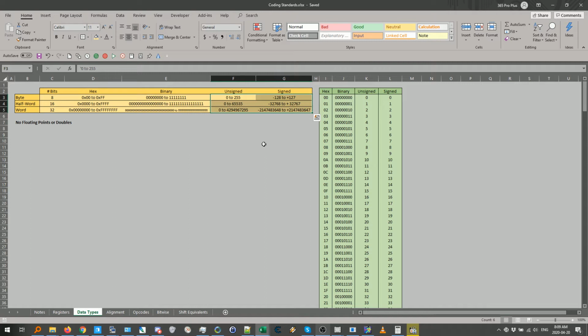The reason the range is cut in half, with one part negative and one part positive for signed, is because the leftmost bit of that data type is used to say whether this value is positive or negative, but only when the instructions of the game actually treat it as a signed or unsigned value.